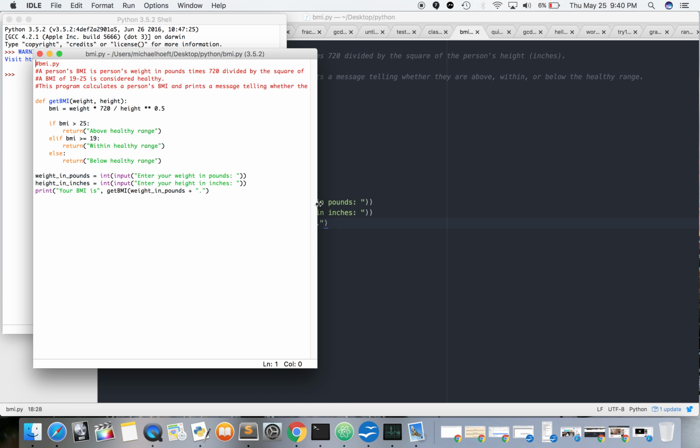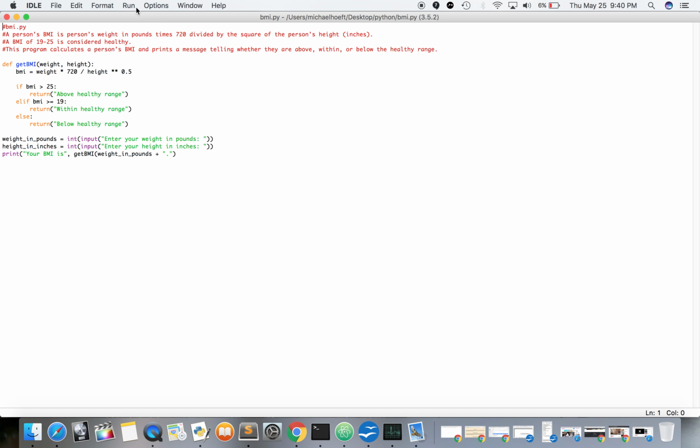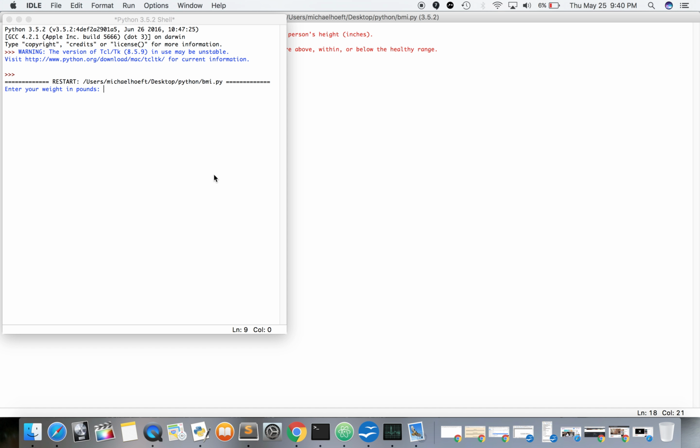Oh, I found a mistake. Now, this should work, but I think maybe it'll require a parenthesis. Let's just run it. I think we need that parenthesis.